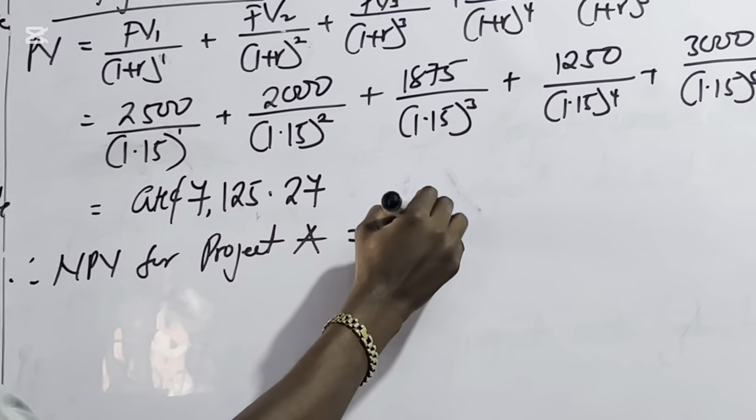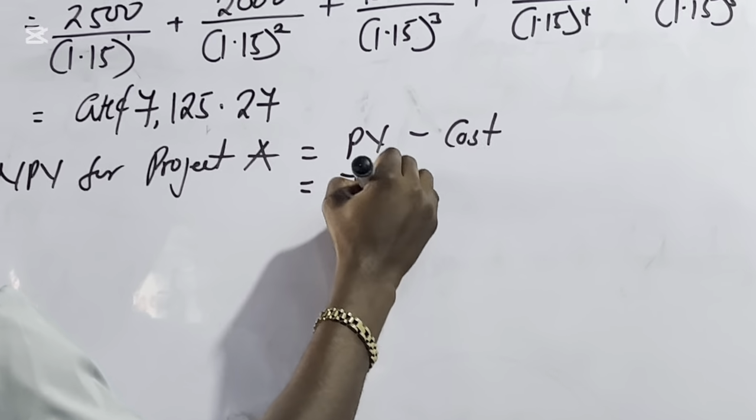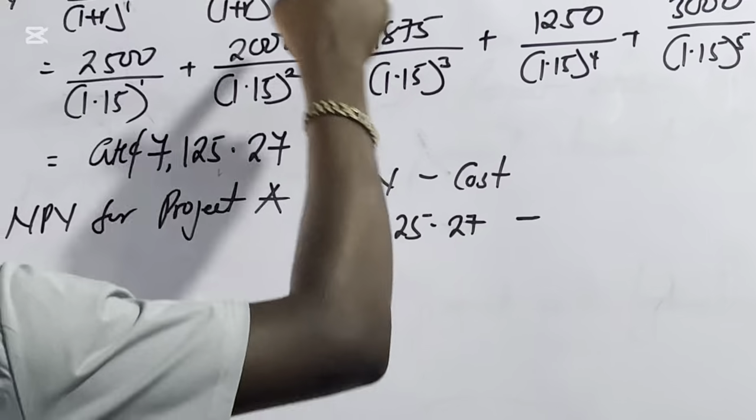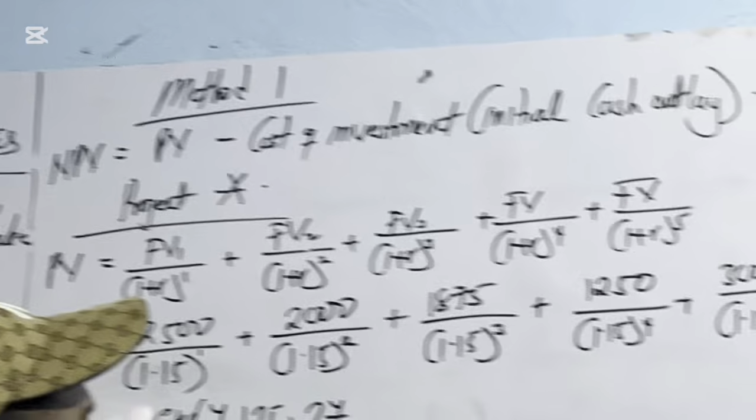So our net present value for project A is going to be our present value minus cost. Our present value is 7,125.27 minus the cost. And what is the cost? 10,000.